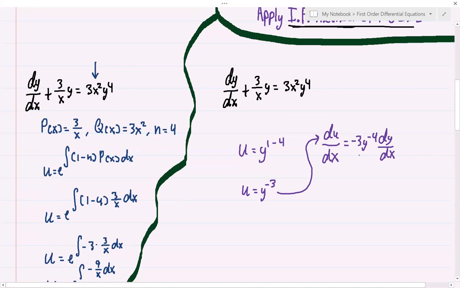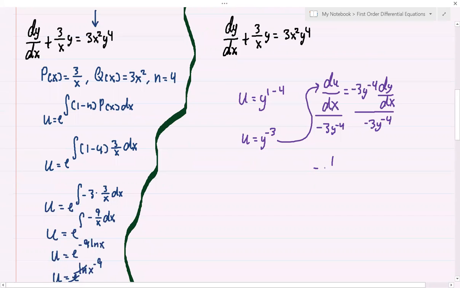Now, after we get the derivative on both sides, we're going to divide both sides by negative 3 times y raised to negative 4. So we have negative 1 all over 3 times y raised to negative 4 times du all over dx is equal to dy all over dx.